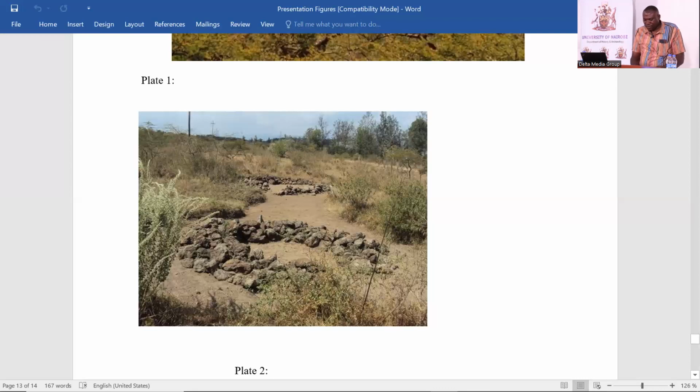But measurements which have been taken here show close proximity between these features, which implies that the occupants may have been close family members, or members of the same family. Behind the features, which I did not capture in my photo, we have what we call a Neolithic cemetery.